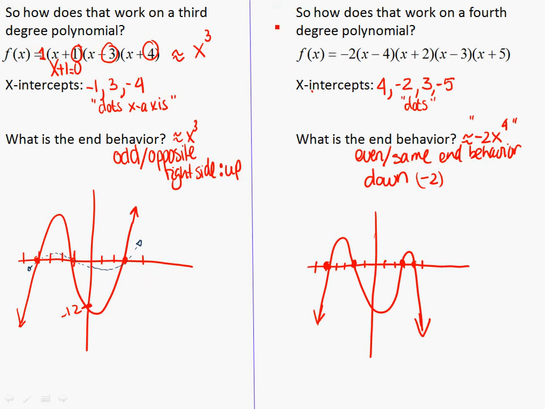This one, and you'll see now why I don't really care about the y's anyway: -4 times 2 is -8, times -3 is 24, times 5 is 120, times -2 is -240. This represents -240. The y-intercept, all that stuff doesn't matter one bit.